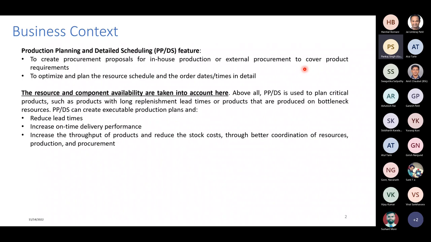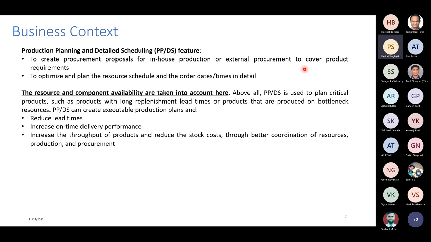Planning is basically about looking into the future and understanding what actions we need to take now so that we are able to execute better in the future. Whenever you do execution, that is about now, near future, but planning is about the near future and then the far future. Production planning essentially deals with the future plan of what we are going to produce, how we are going to produce, and all that.